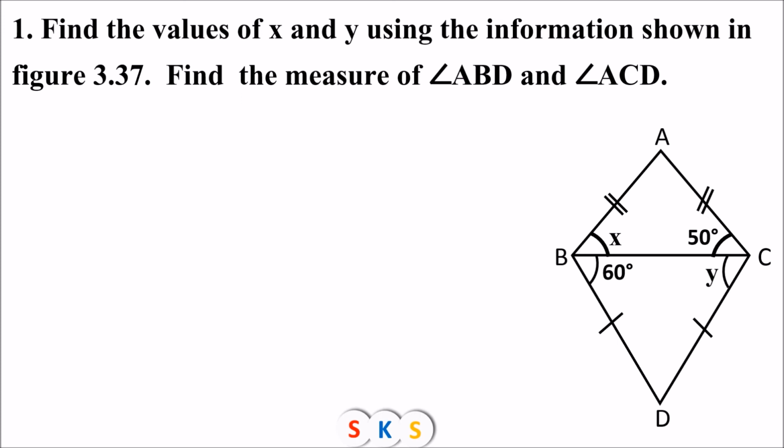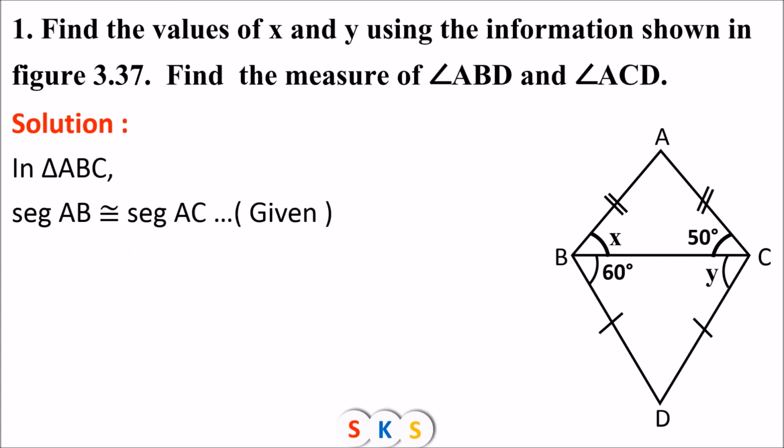In triangle ABC, seg AB is congruent to seg AC. Look at this figure. We know that if two sides of any triangle are equal, then the angles opposite to them will also be equal.